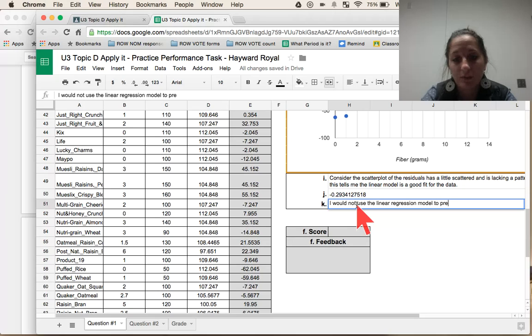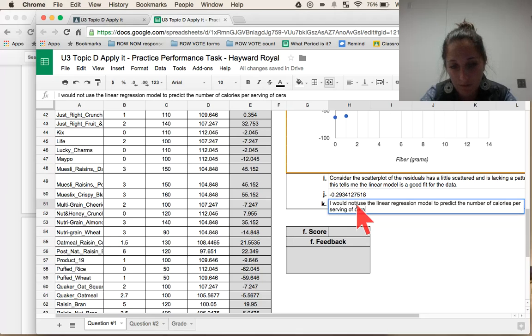to predict the number of calories per serving of cereal based on the number of grams of fiber.